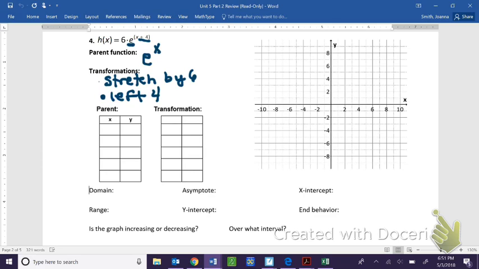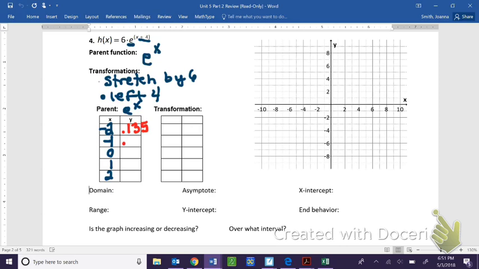If we're looking at our parent function, which is e to the x, we're going to be using our x values because this is not a log function. This is an exponential function. Now we can fill out our y by plugging in our x values. So e to the negative 2 is 0.135.